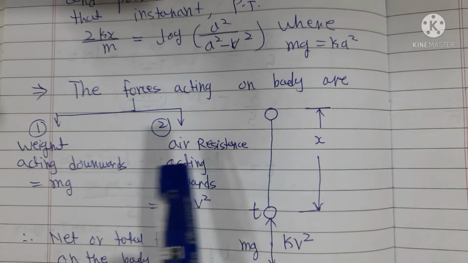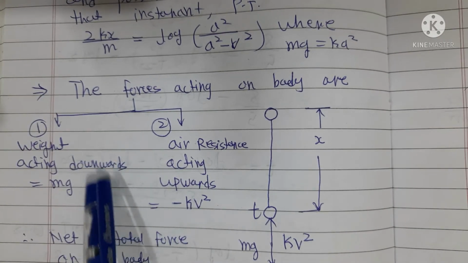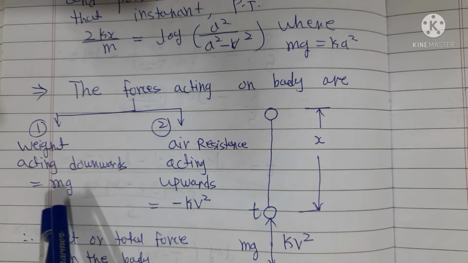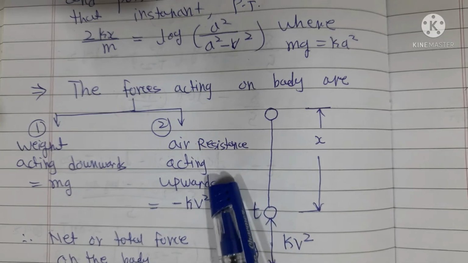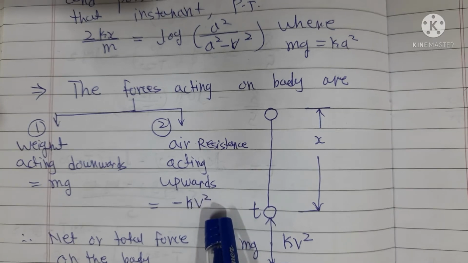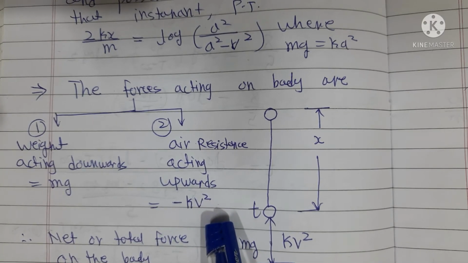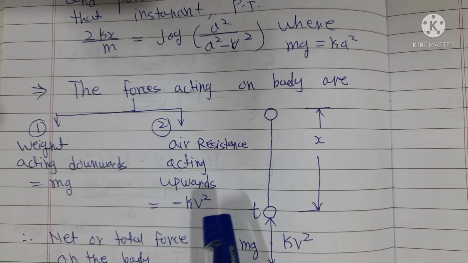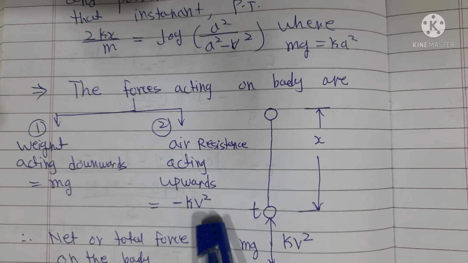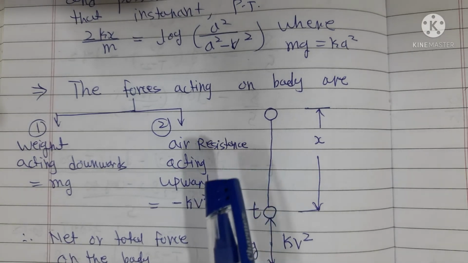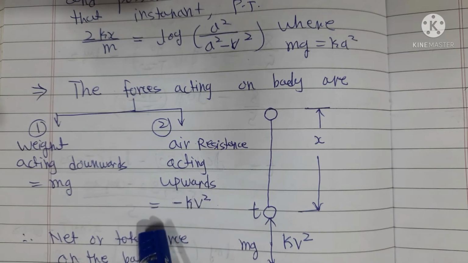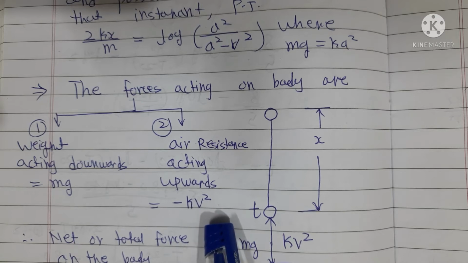And the other force, the weight, is acting downward in the same direction as the gravitational force, therefore it is considered as positive sign mg. And the air resistance acts upward, opposite to the acceleration due to gravity, therefore it is considered as the negative sign, that is minus k into v square.